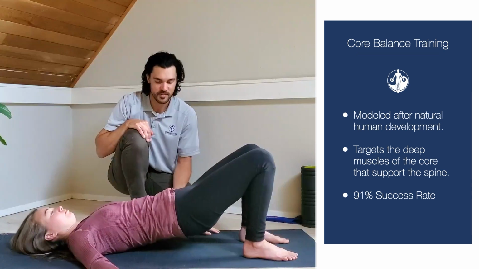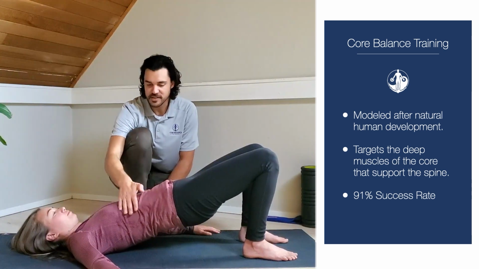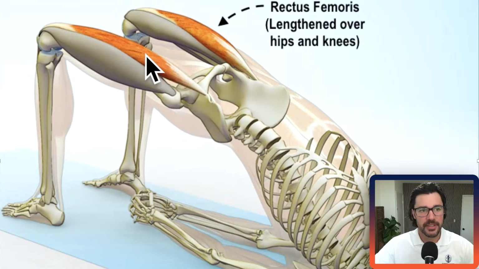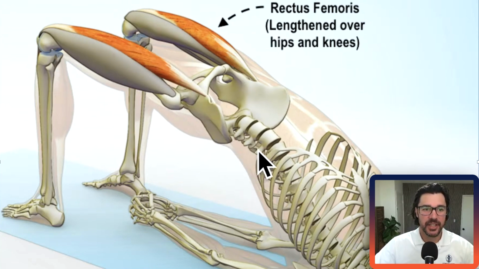Core balance training uses the bridge as one of its most effective tools for reversing chronic lower back pain. So we can tie it into this lesson and just talk about how the bridge is an active stretch of the hip flexors, because we are engaging all of the muscles around our pelvis and our core and our legs.